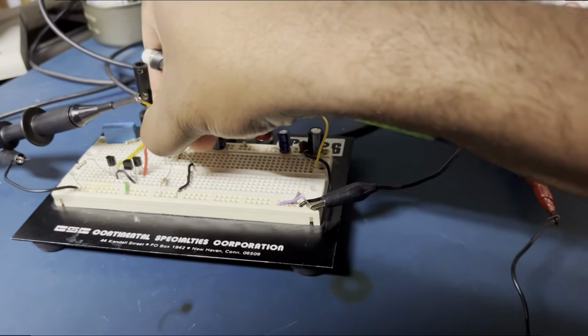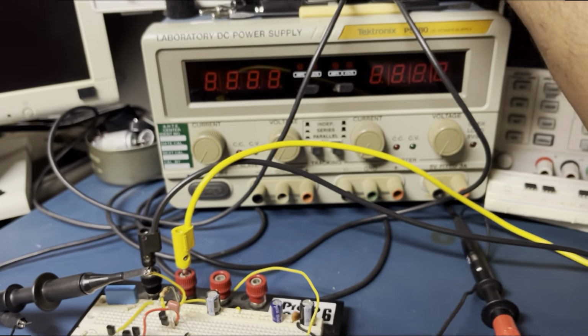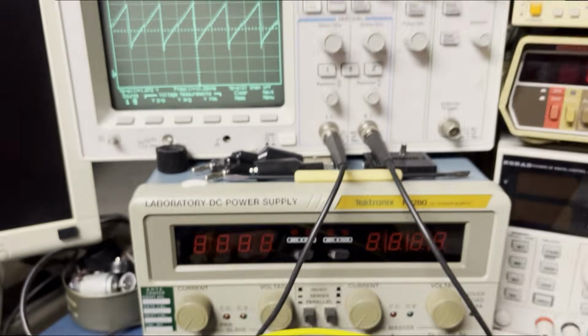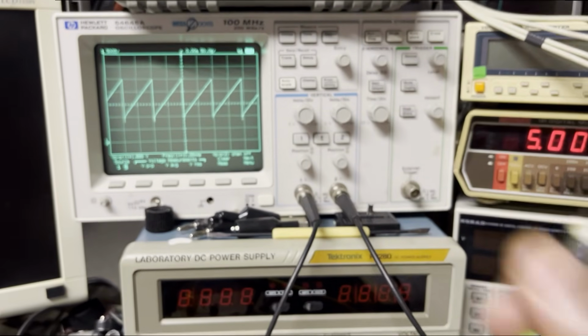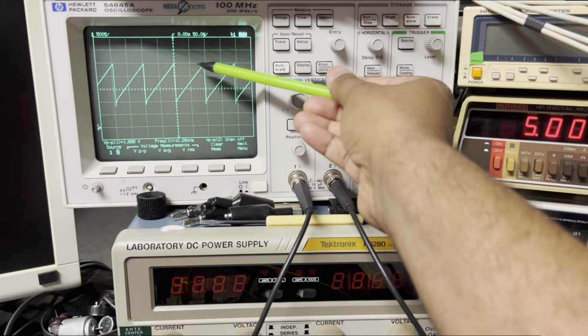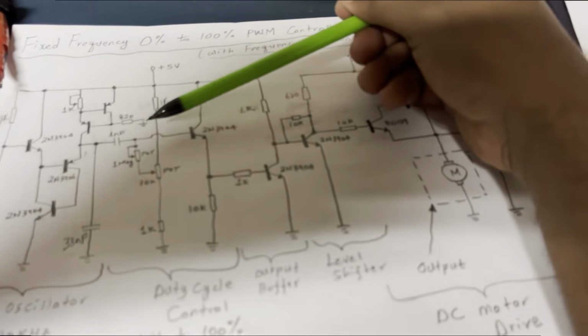So next we'll talk about how we introduce a DC offset to this guy to control our duty cycle, right? Basically, that's what I'll do.